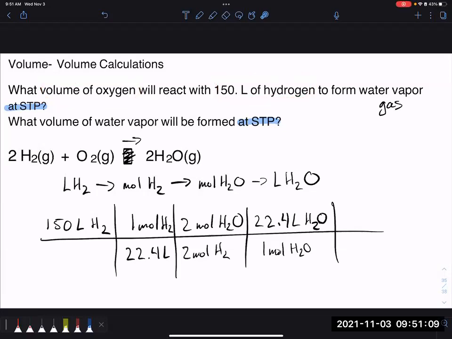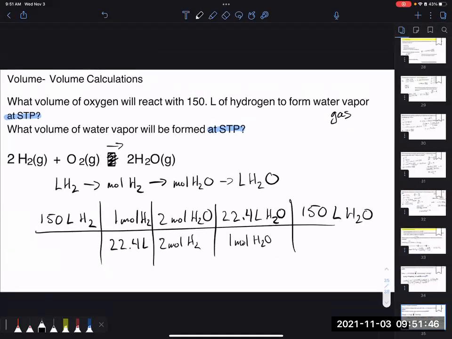I'll copy the slide. 150 times 2 times 22.4, and then we're going to divide by 22.4 and then divide by 2. So it's going to be 150 liters. Okay, so that was the first part of that question.